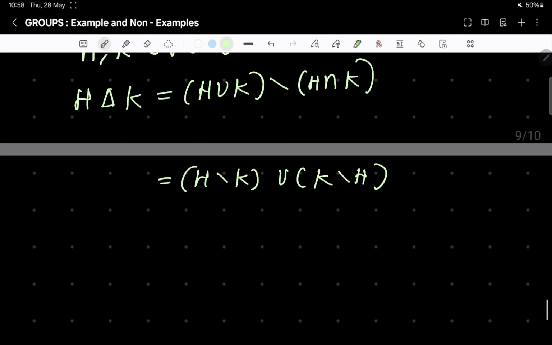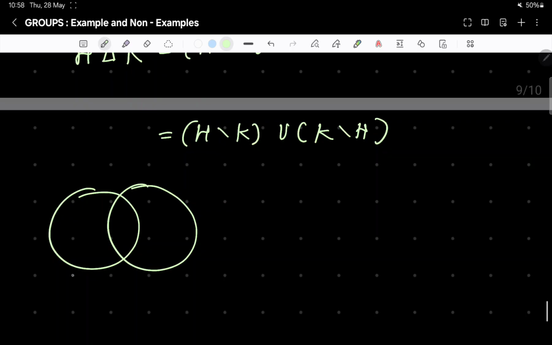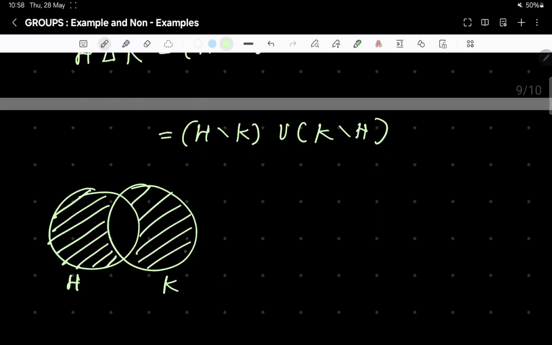How does this become a group? Let's look at the Venn diagram representation of what this operation gives you. Suppose this is H and K. What is H difference K here? What is K difference H here? It is the same as taking the union and deleting the H intersection K. Now what is the identity here? If you take the symmetric difference with phi, the empty set, what do you get?